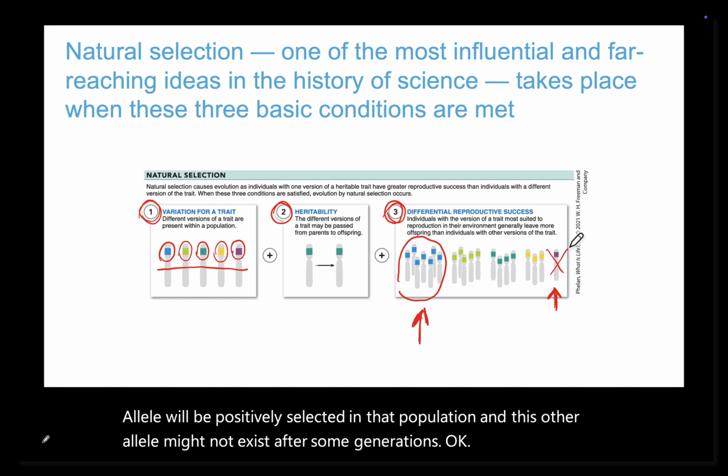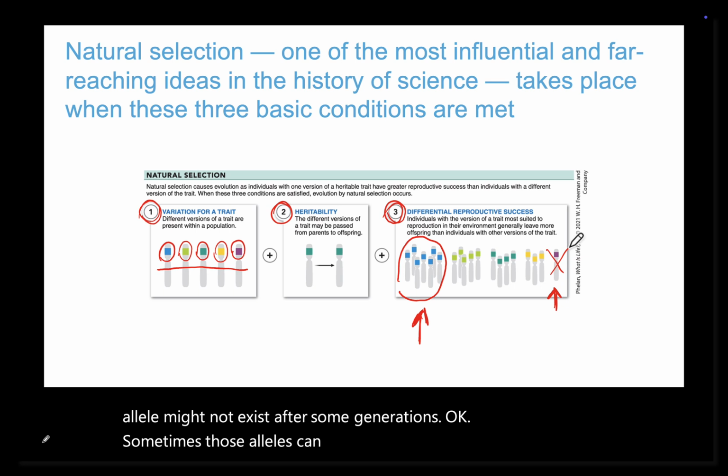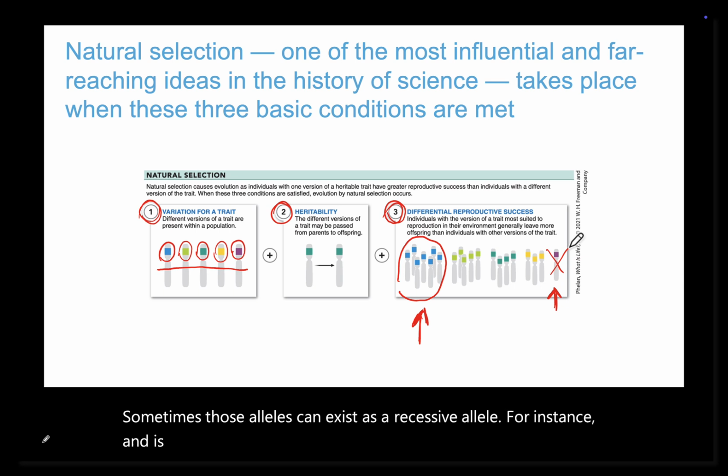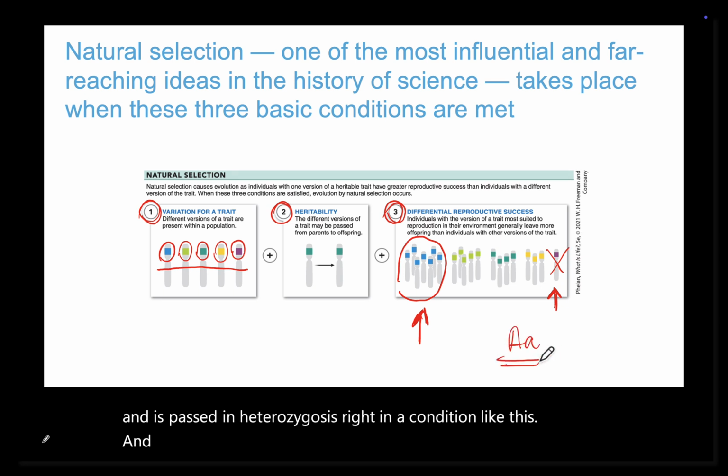Sometimes those alleles can exist as a recessive allele, for instance, and be passed in heterozygosis, right? In a condition like this. And we've talked about this before.